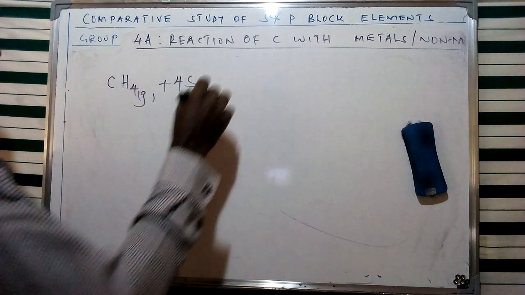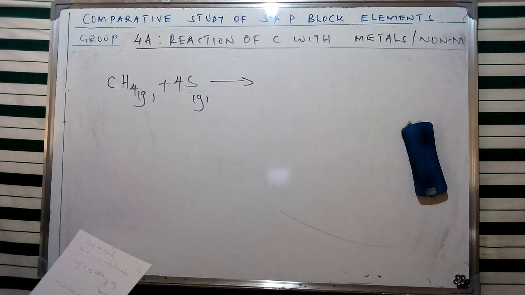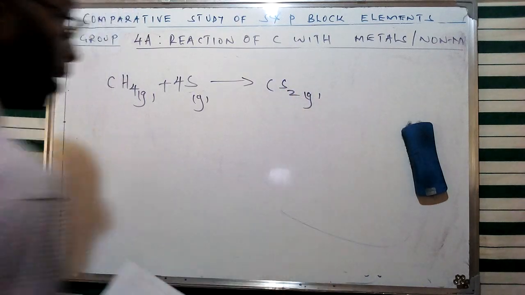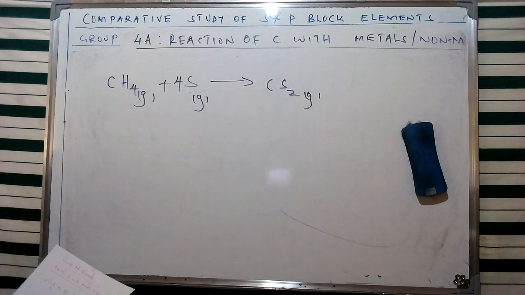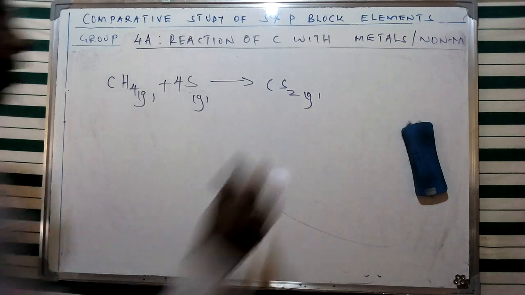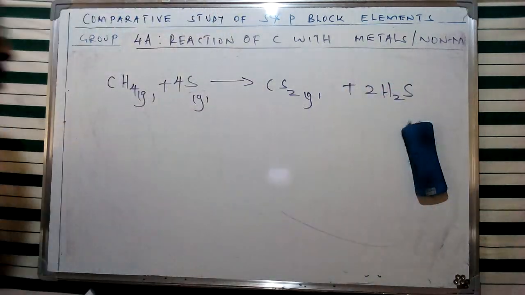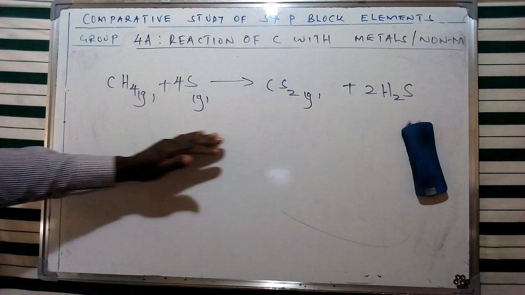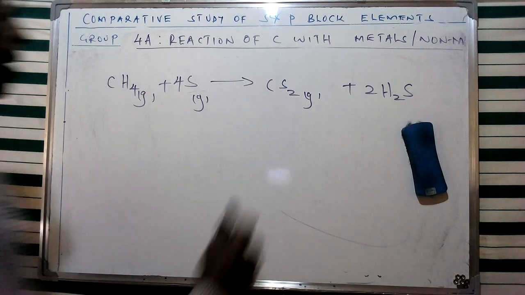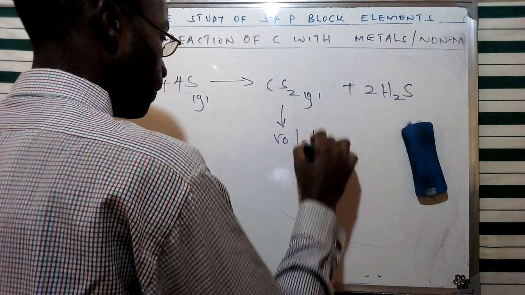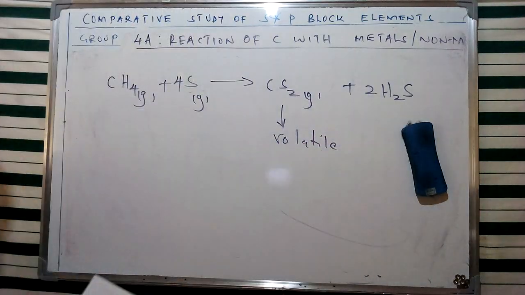We're going to have 4 units of this one. Writing this in stoichiometric form, we shall have that specific product plus 2 units of hydrogen sulfide. Similar to the first one, this specific product being formed is going to be a volatile kind of solvent.